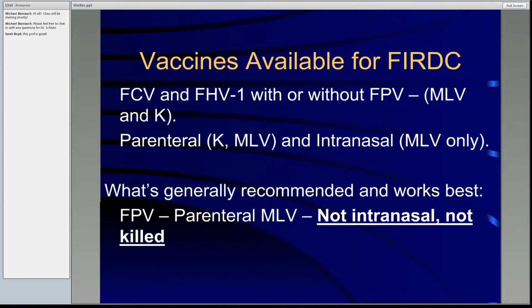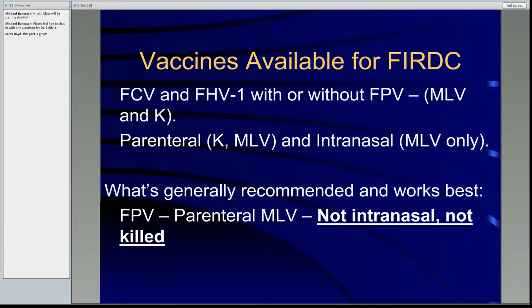With regard to calici and herpes, probably the best vaccines would be the modified live vaccines given parenterally. Now you might ask yourself, why not the intranasals? Well, they are very effective, and that's generally what I would recommend for a pet cat.